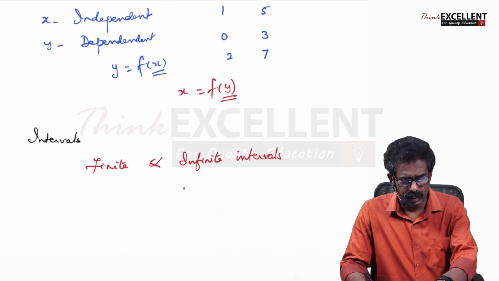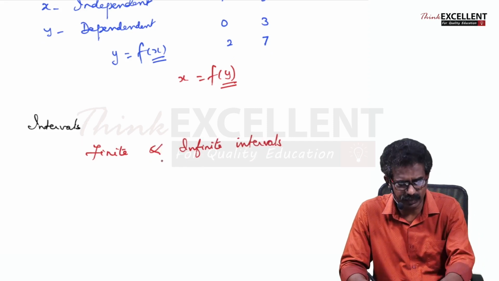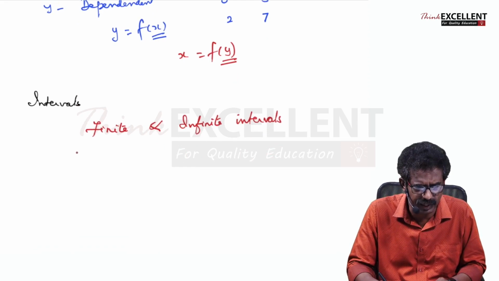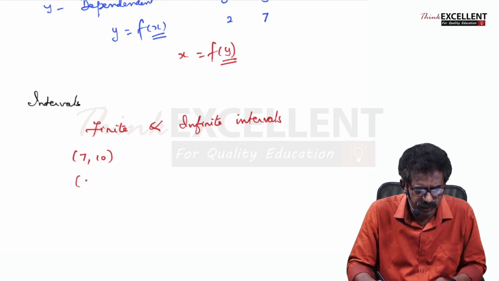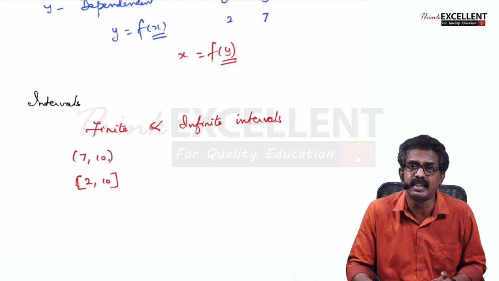Now, intervals. There are different types of intervals: finite interval and infinite interval. A finite interval, for example, is 7 to 10, or 2 to 10, some closed interval. I'll tell you what is a closed interval and what is an open interval.